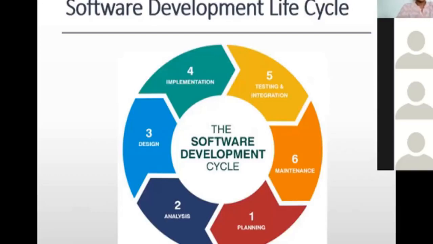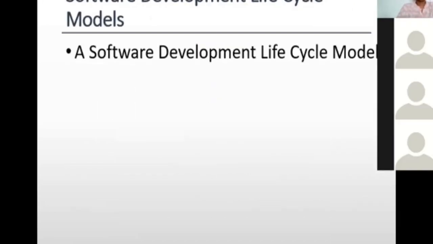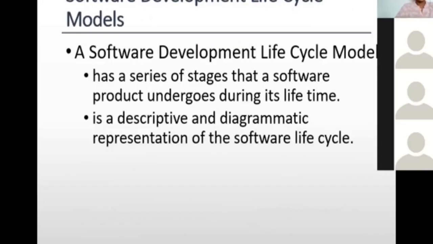Why are we saying it's a development life cycle? Because it has a series of stages that the software product goes through during its lifetime, and that is also a descriptive and diagrammatic representation of the life cycle.